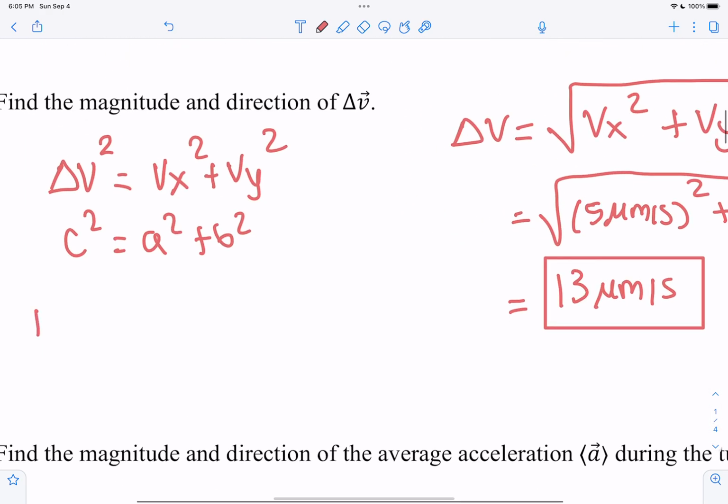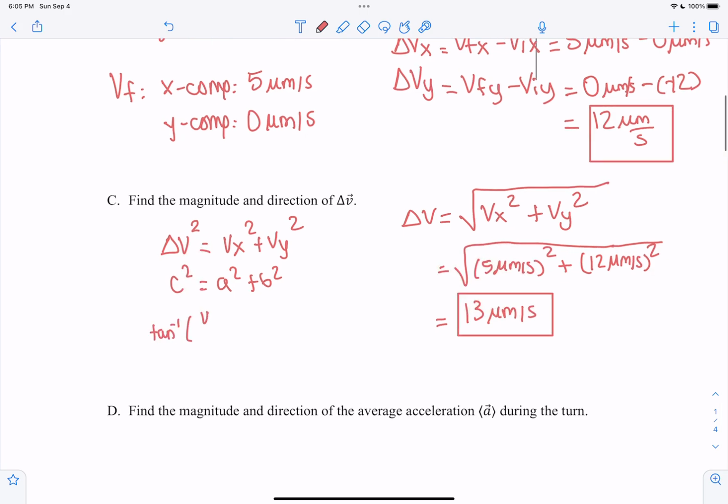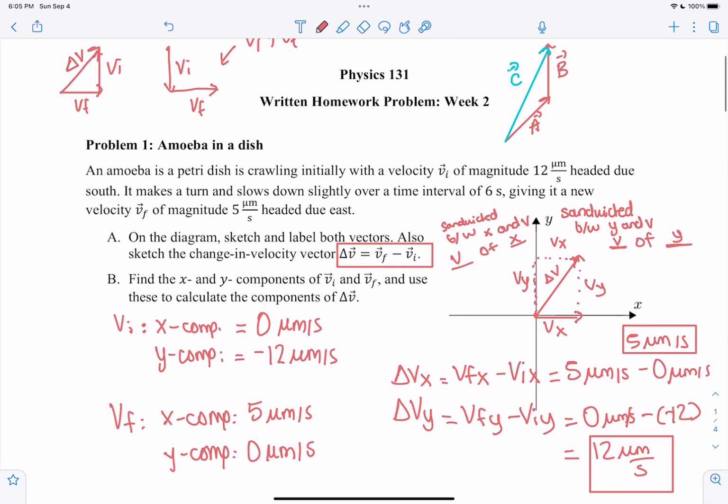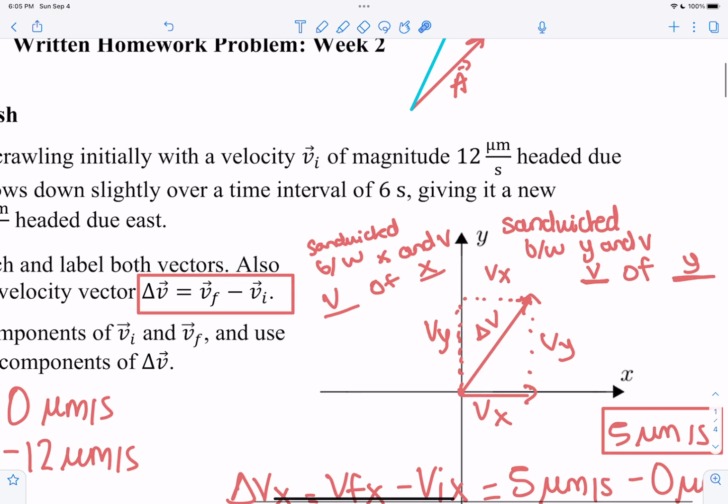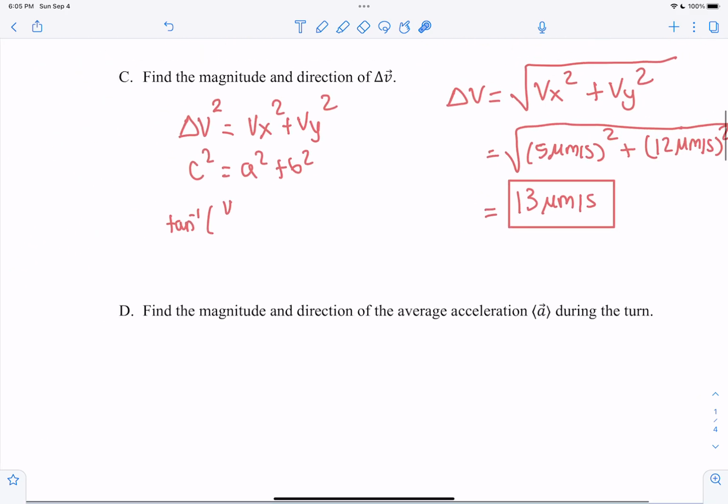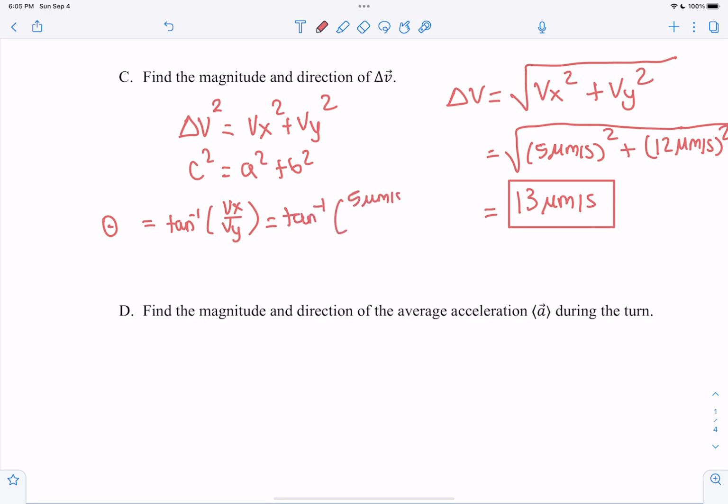If I take inverse tangent of Vx, because this will be opposite over adjacent, which is tangent. So if I take inverse tangent of Vx over Vy, that'll give me theta, the angle that I'm looking for. So I take inverse tangent of 5 micrometers per second over 12 micrometers per second. That should then give me the angle that I need.